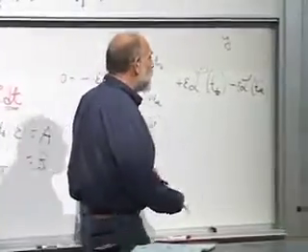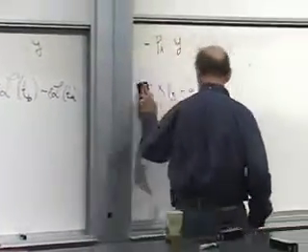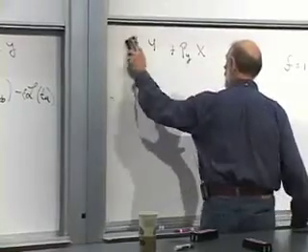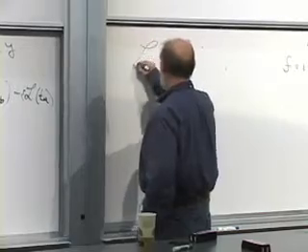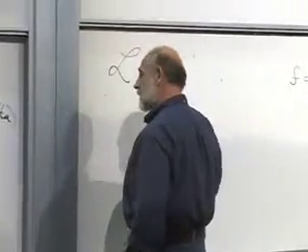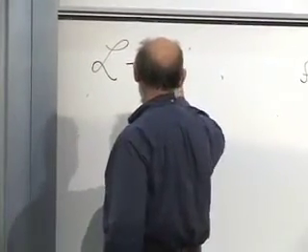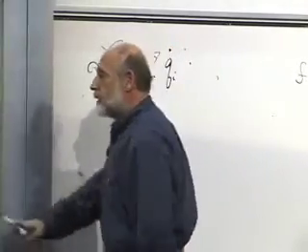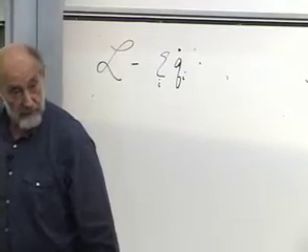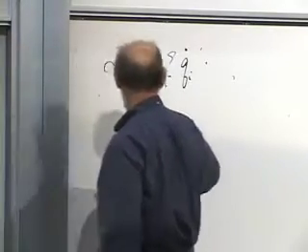So we've discovered a new conservation law. Let's write down what it's a conservation of. The new conservation law involves the Lagrangian minus the sum over all the coordinates of q_i dot times dL by dq_i dot. That's p_i.